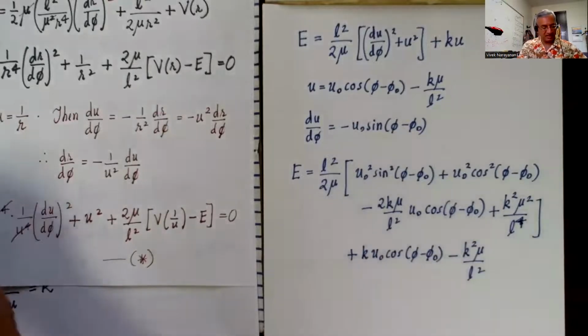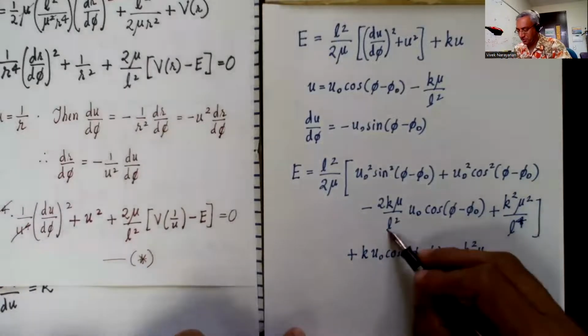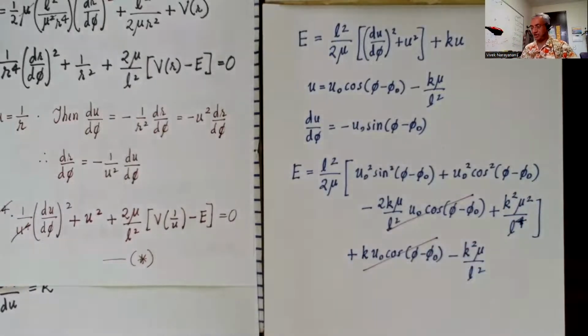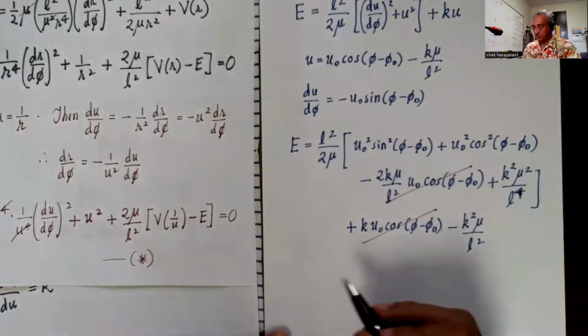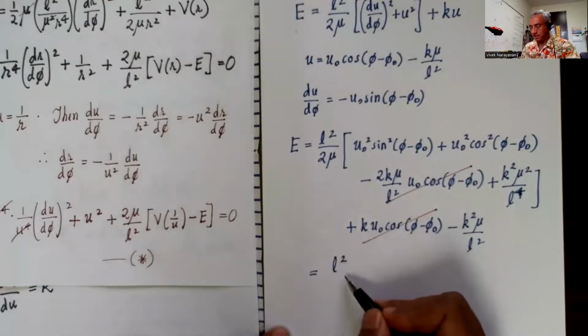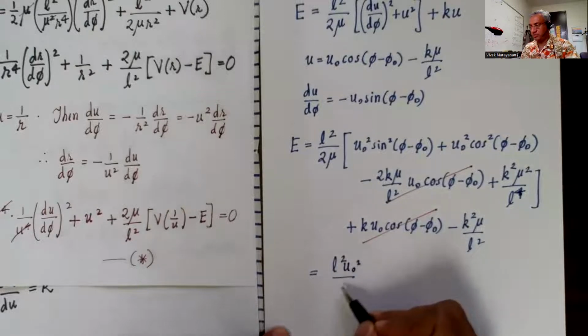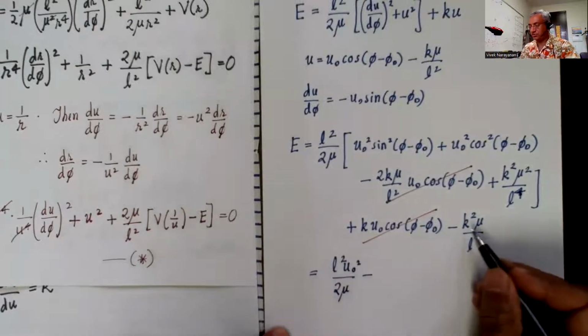So we have a beautiful cancellation. Sine squared plus cosine squared is 1, so our expression drastically simplifies. L squared u naught squared over 2 mu minus just this term here.